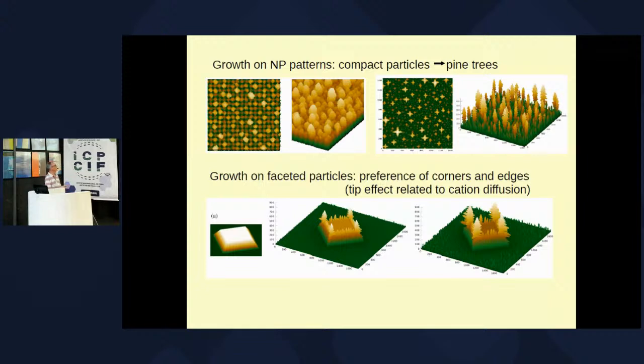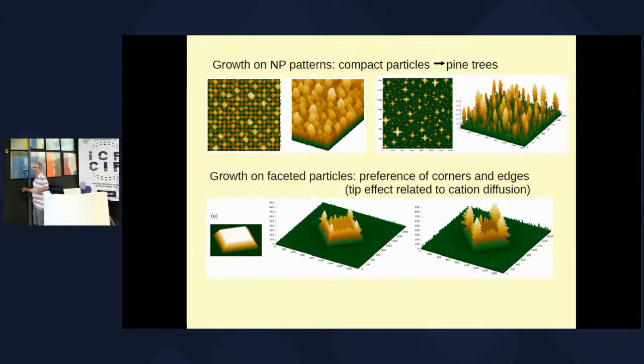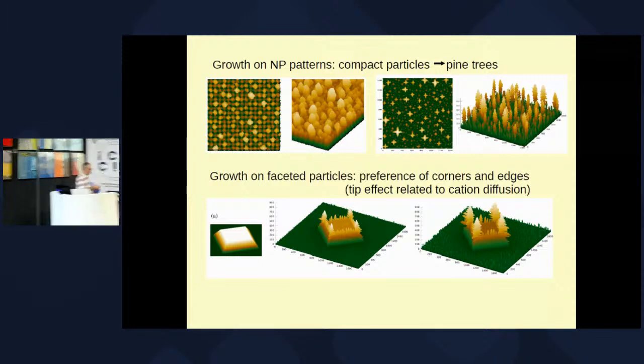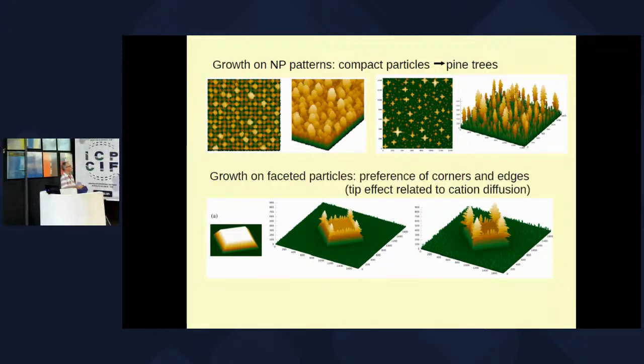Then the next step was to see what happens if we begin with a faceted particle and try to make the electrodeposition here, assuming that due to some other mechanism, the initial faceted nanoparticle appeared there. Then, during the electrodeposition, we observe the formation of the pine trees, preferentially at the corners, and some of them at the edges of this particle, exactly as observed in the experiments.